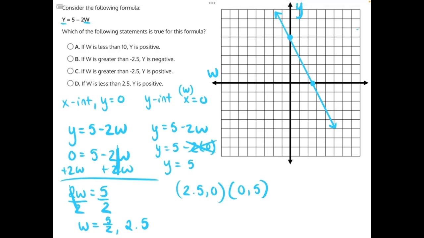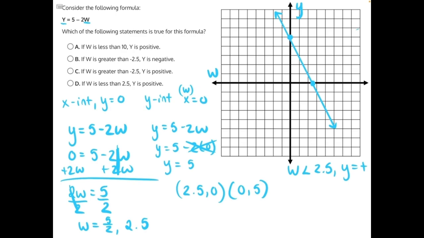And now we can start to analyze the graph. For all of the values less than w equals 2.5, our x-intercept, all of these y values that we can see here are all positive. So we can make a statement that says when w is less than 2.5, y is positive.